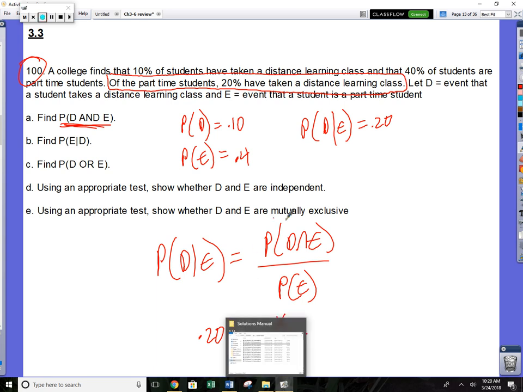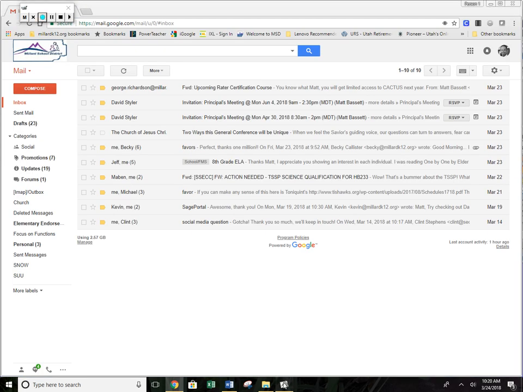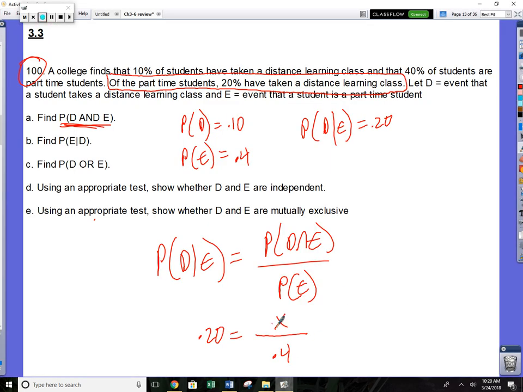So knowing the formula, now it is algebra. Just solve for x, solve for the intersection. Times this side by 0.4, times this side by 0.4, pa-ching, pa-ching, you have found x.